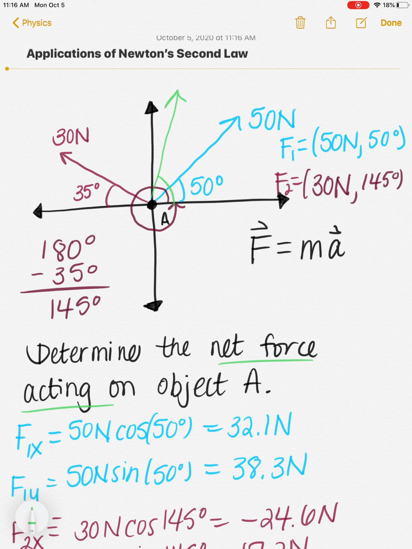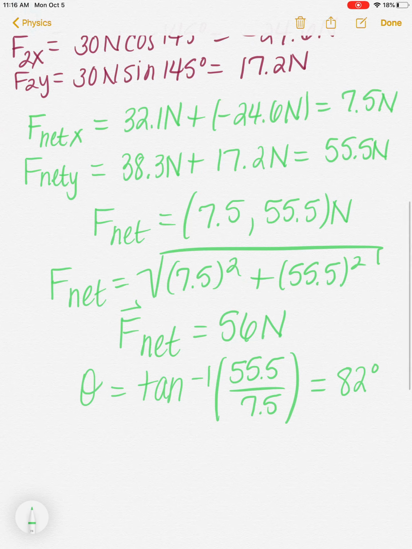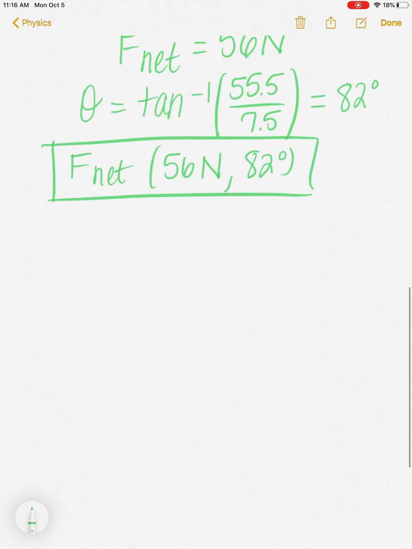All right, and if we go back to our diagram, that looks pretty complementary to what I had drawn in. It would be an angle of about 82 degrees. So our net force here could be described in polar form as having a magnitude of 56 newtons at an angle of 82 degrees.